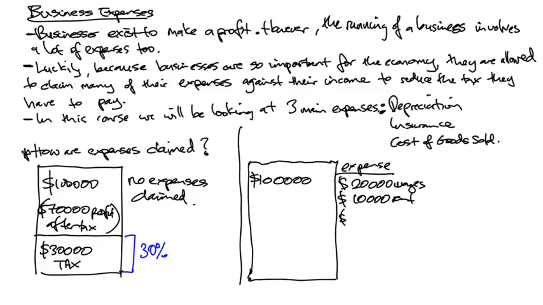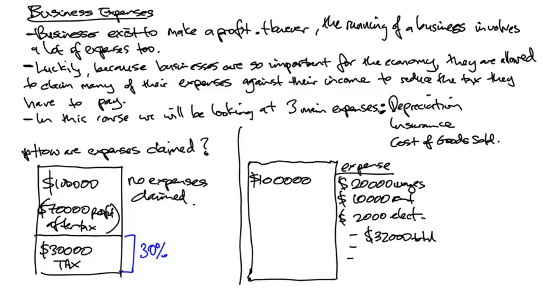Let's say they had to pay 2,000 electricity, and those keep going. Like I said, it can be electricity, telephone, advertising, depreciation of equipment, any interest they have to pay. But we'll just go with the wages, rent, and electricity for now. So those expenses total 32,000.